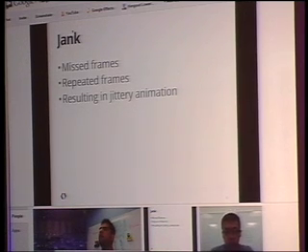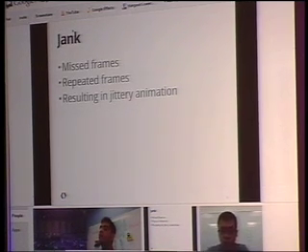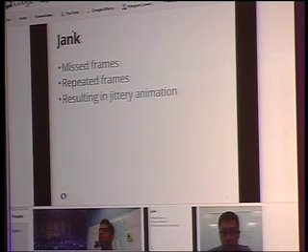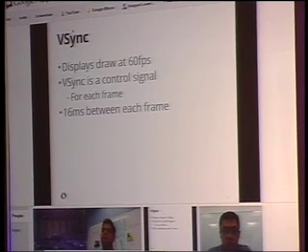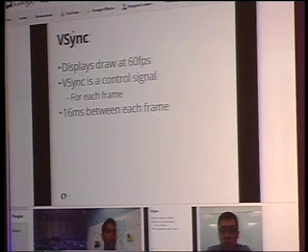And we wanted to really improve what's there in the Android framework to give you a jank-free experience. But before we go further, I would like to talk about VSync. VSync is something called vertical sync. So to give you an idea of how VSync works, our mobile phones and tablets refresh their screens at 60 frames per second. And every time it's about to draw a new frame, a control signal known as vertical sync is fired off.